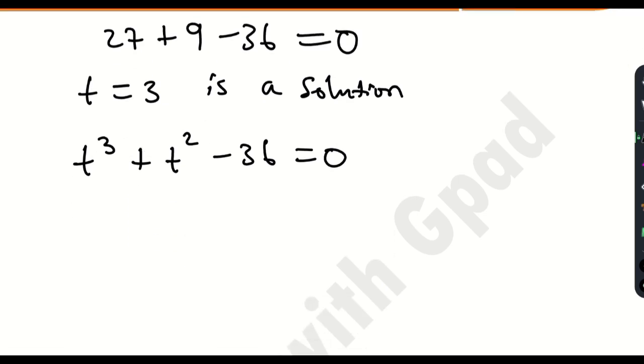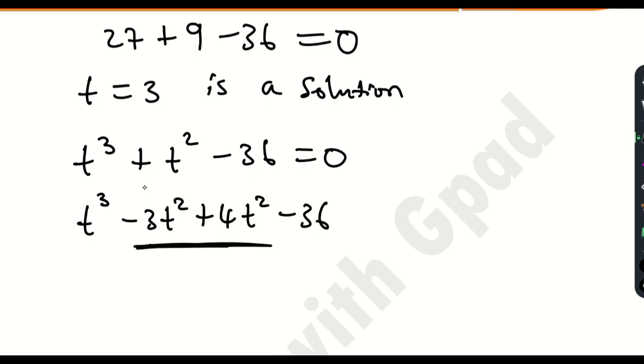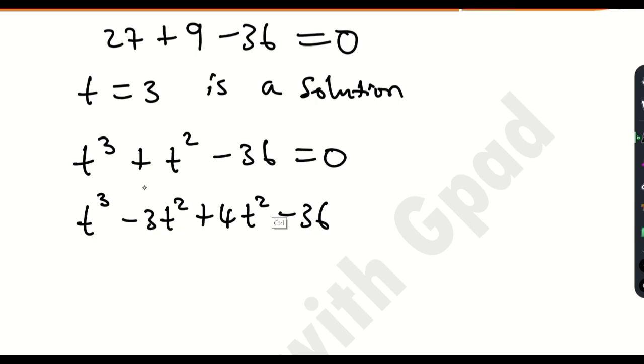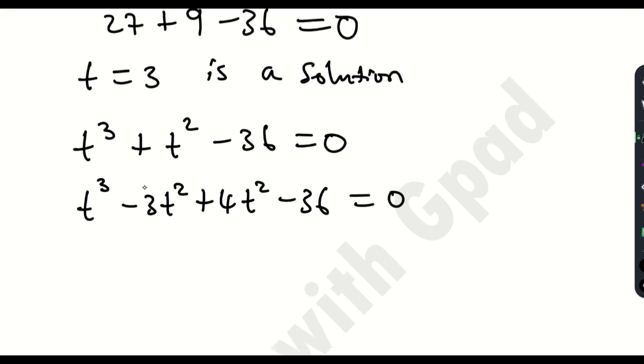When they add up, they will give me t squared. So I'm going to have t raised to the power of 3 minus 3t squared plus 4t squared minus 36. The reason why I'm choosing this is because this will go with this, and then this will also go with this. When I factorize, I will get something common in the bracket.